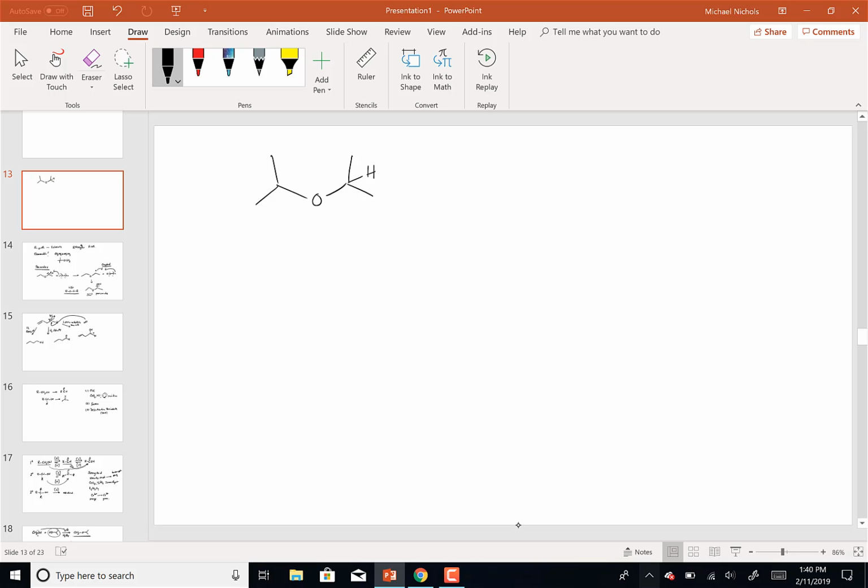Physical properties of ethers. So, do we know how to make ethers? I take my alcohol and I convert it to an alkoxide, and then I react my primary or secondary alkyl halide with it to do what's called the Williamson ether synthesis.